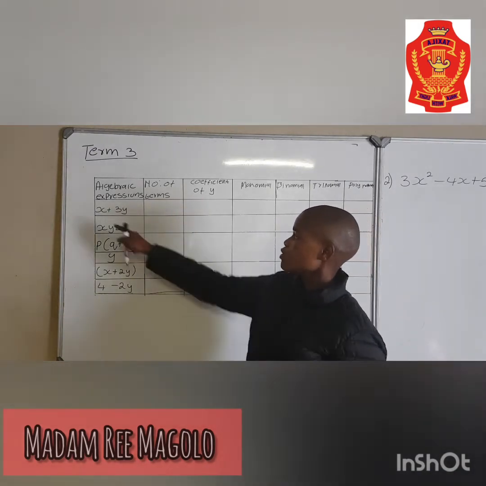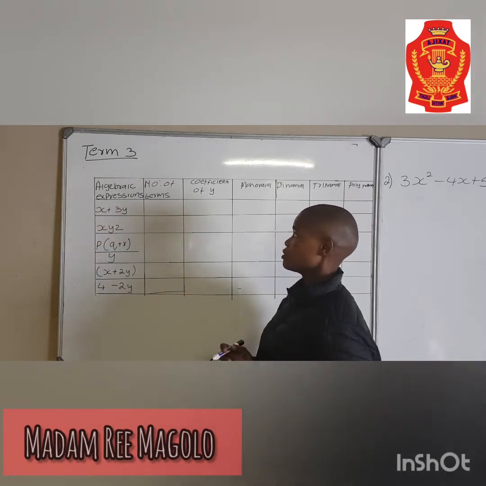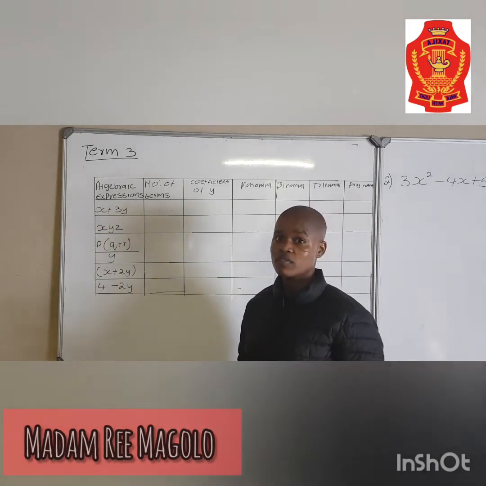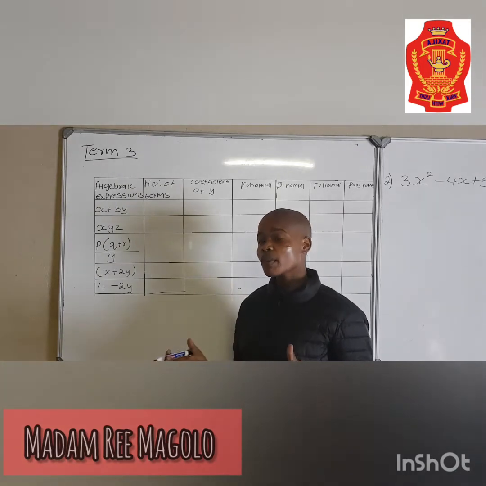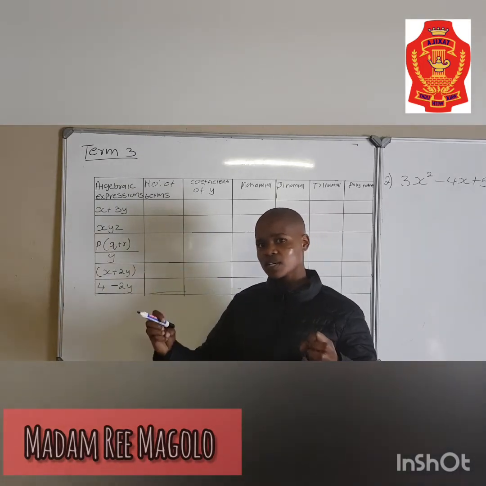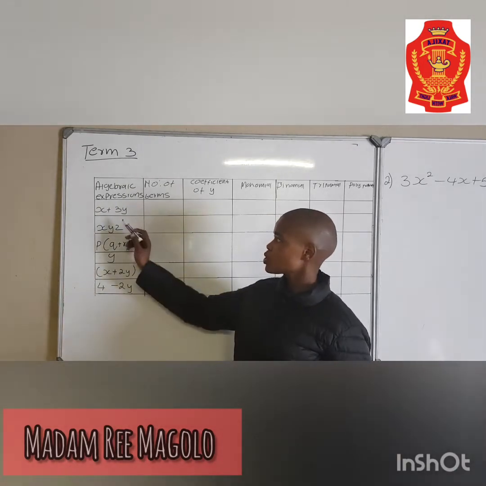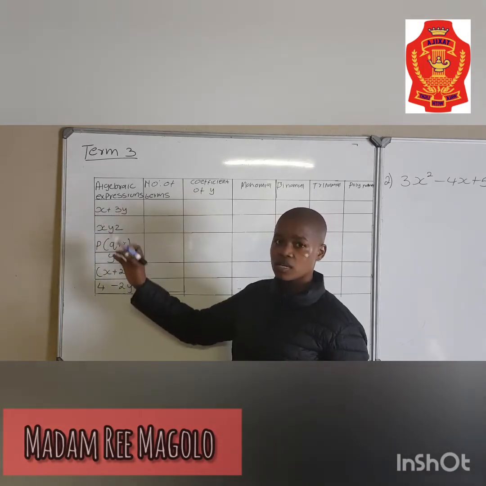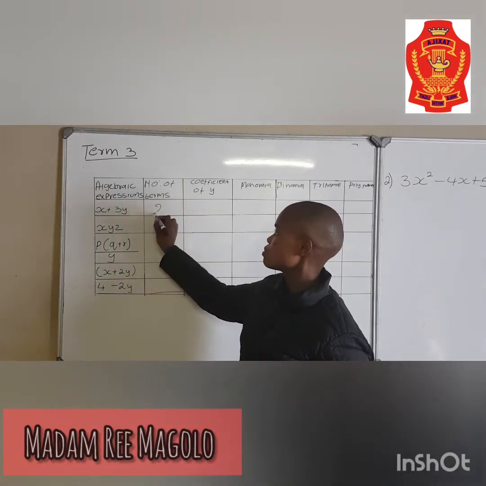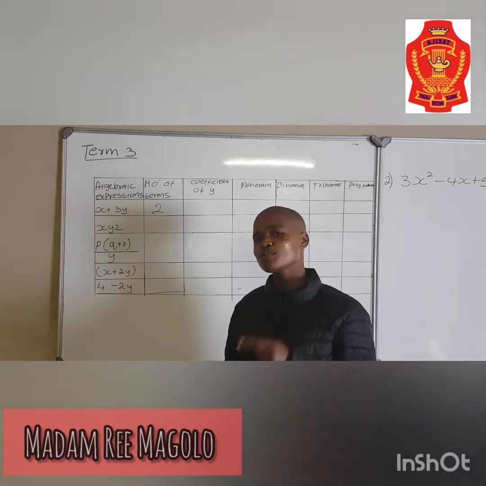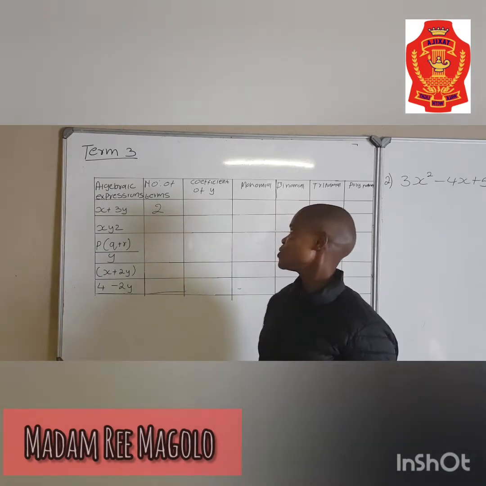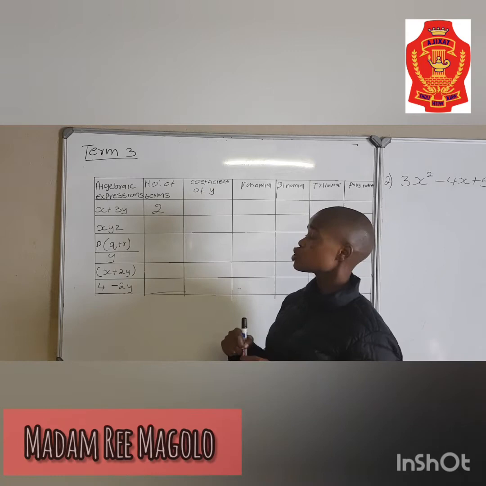Good. So I've got x plus 3y. First of all, how many terms do we have there? If you remember, terms are separated by addition and subtraction. So if I've got x plus 3y, it means I've got how many terms? I've got two terms. If you knew the answer, well done to you. And what is the coefficient of y?